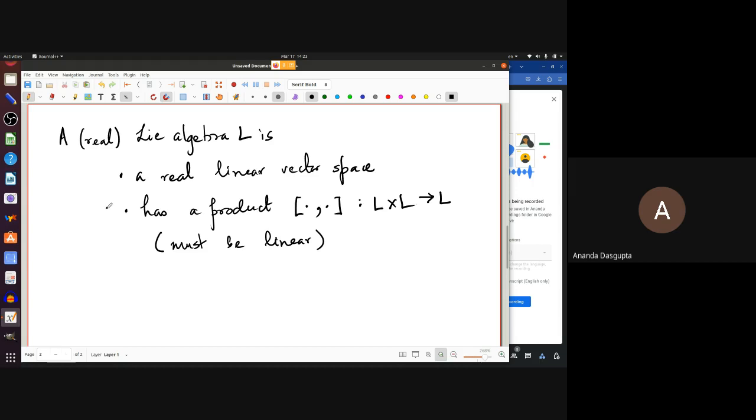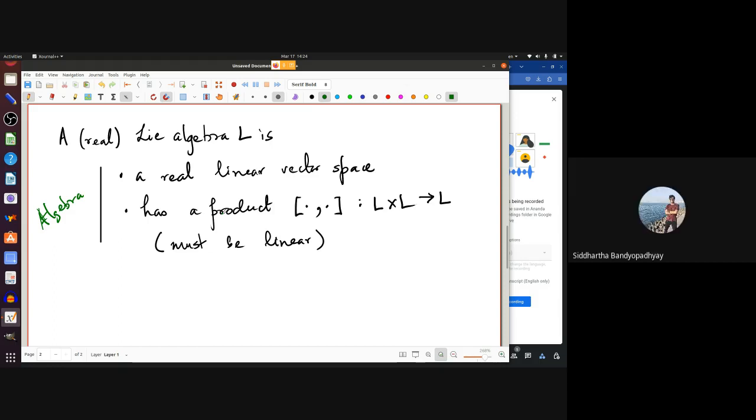And these two together, a vector space and a product which distributes nicely over the sum in the vector space, that's called an algebra. Okay? So it's over the tangent vector space. In the context of the Lie group, it is the tangent vector space at the identity.